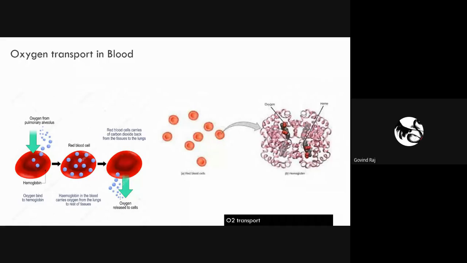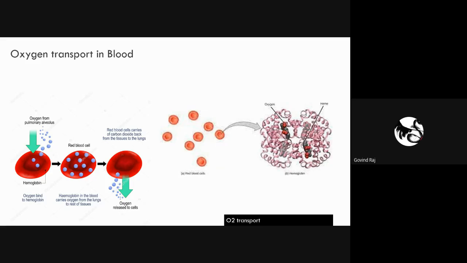Essentially, hemoglobin is a tetramer, and it is made up of 4 protein subunits. There is a globin and there is a heme part, and the combined effect of these two results in the oxygen transport.